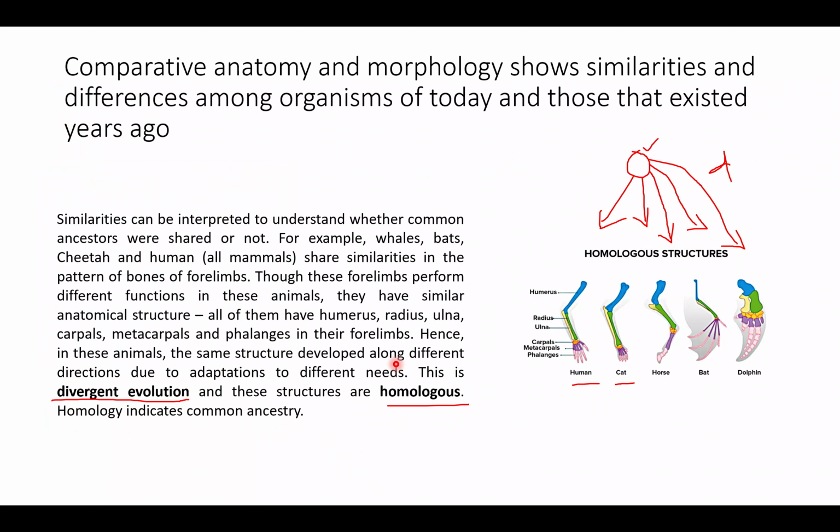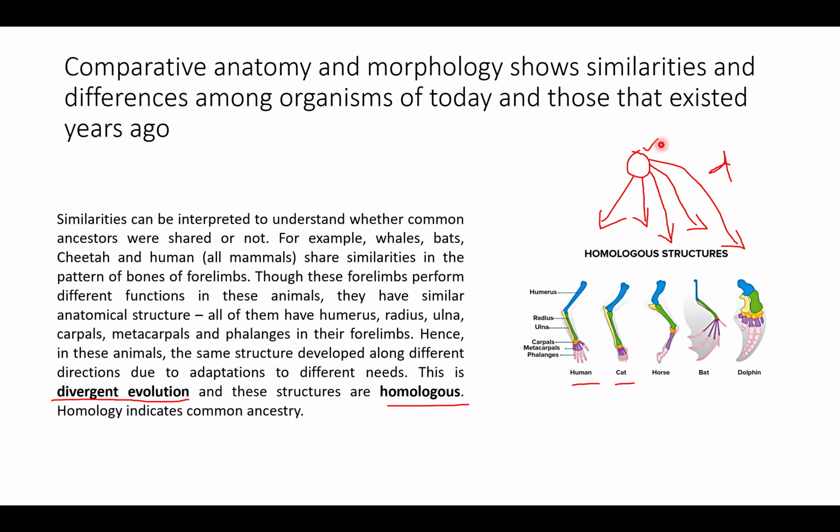So two things you have to remember. Homologous organs we see in the case of divergent evolution. You don't have to make this very complex and remember. Just remember, divergent means originating from a single ancestor and going in different directions due to different needs. Since there are different needs, they might look different in the structure of the organ, and they are performing different functions.